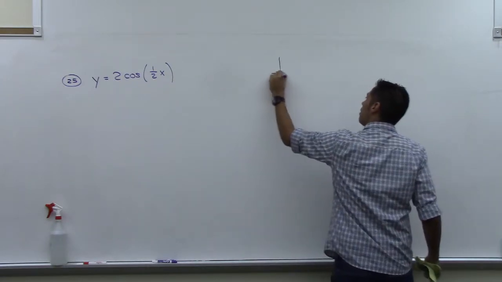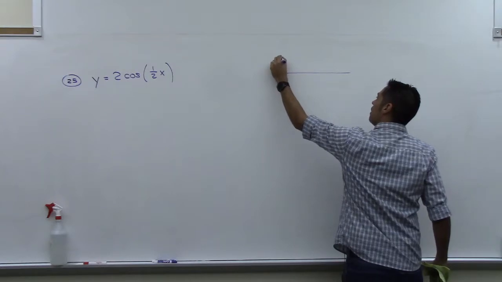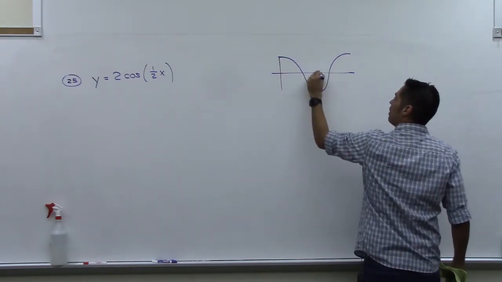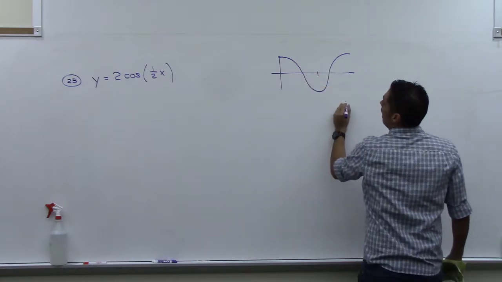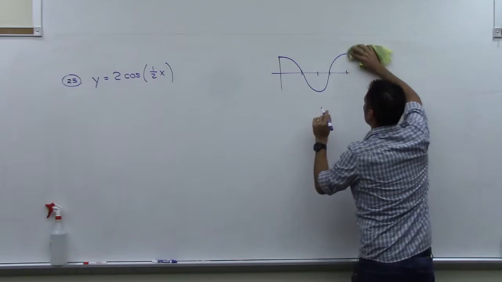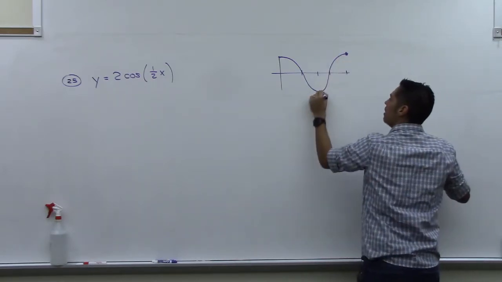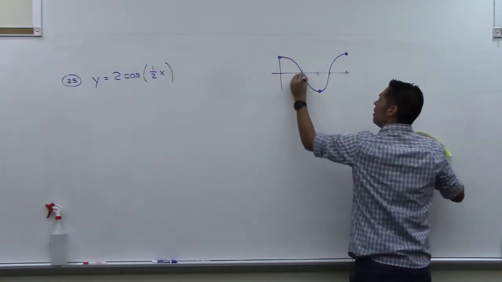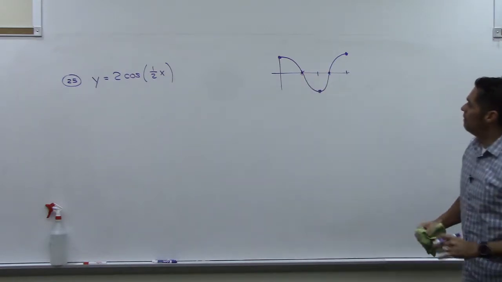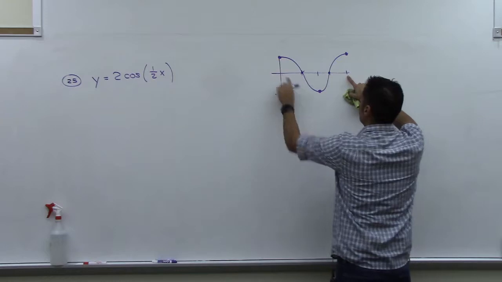It starts off here, comes down, comes back up, like that. Again, we have the halfway points and then the quarter points, like this. So it's up here, down here, up here. And we're going to try and figure out where these two endpoints occur.